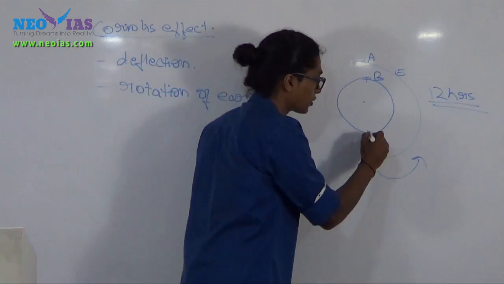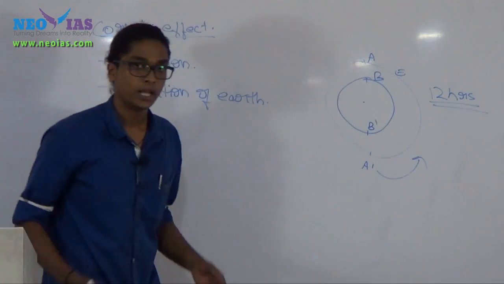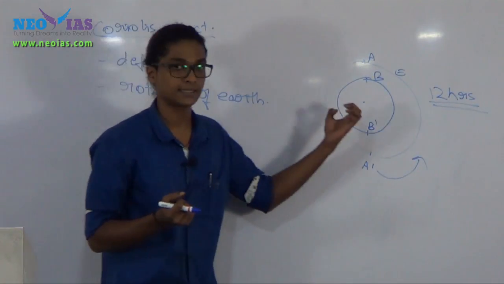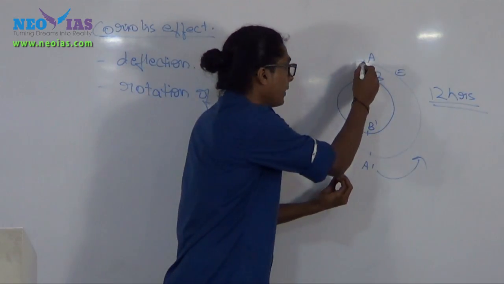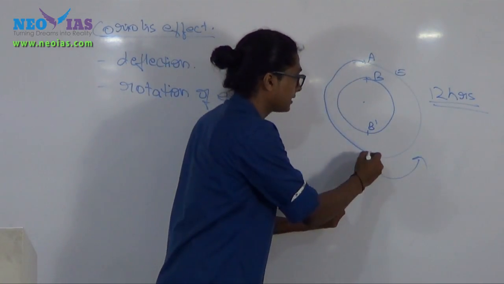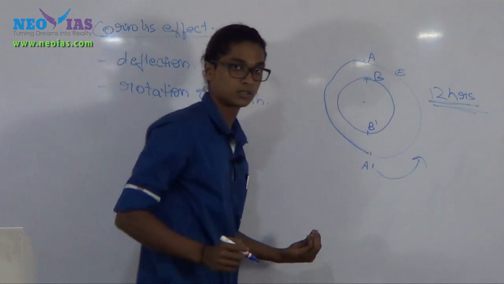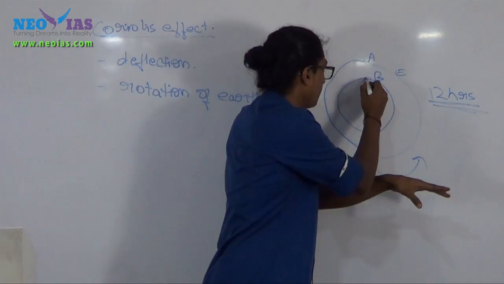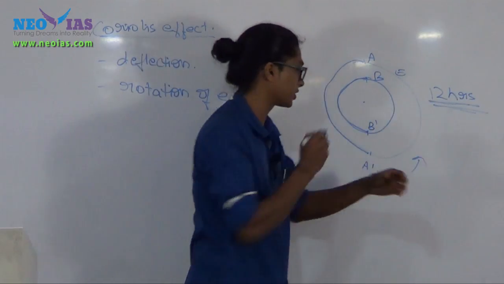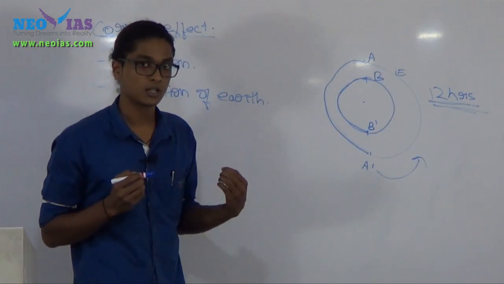Now the point B will reach here, point B1. Now consider the distances travelled by both of these points. The point A travelled this much distance within 12 hours, right? In the same amount of time, the point B travelled only this much distance.